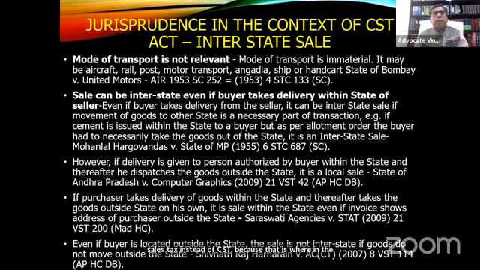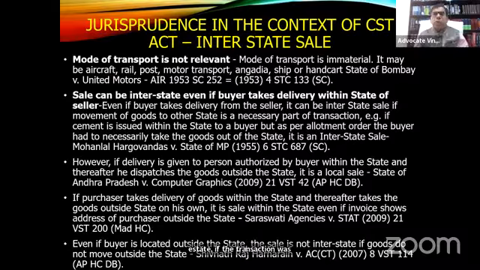In the earlier era, the rate of tax in CST was also very less. If the buyer was in a different state and he was also a registered person, then it was only 2%, whereas the full rate of tax accrued to the selling state if the transaction was treated as intrastate.